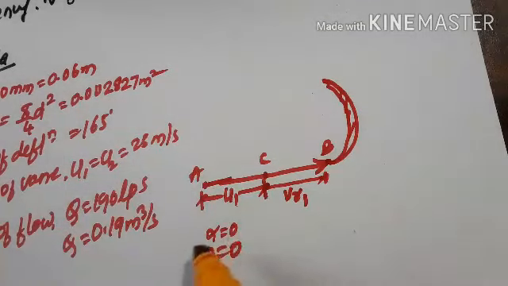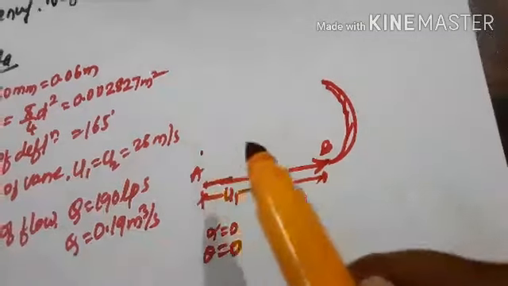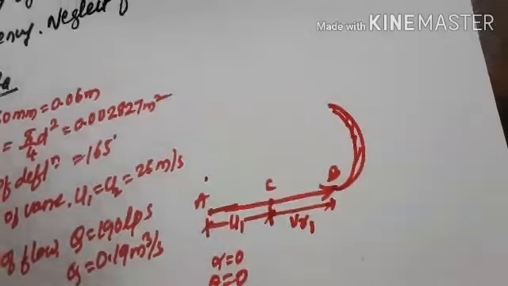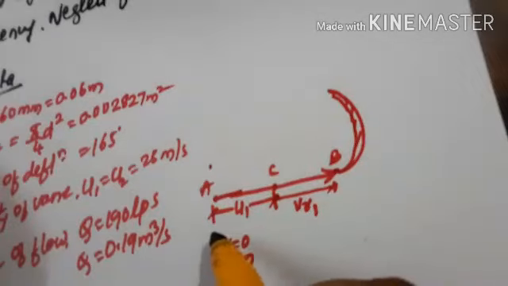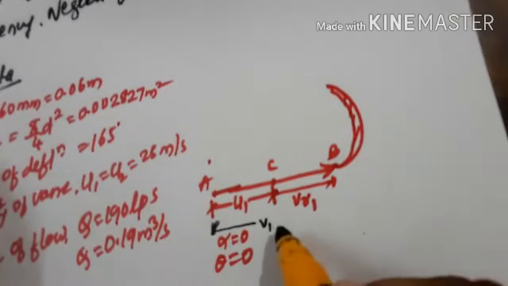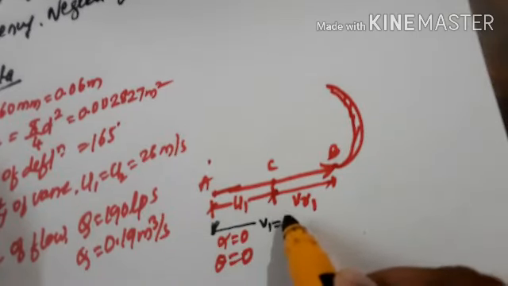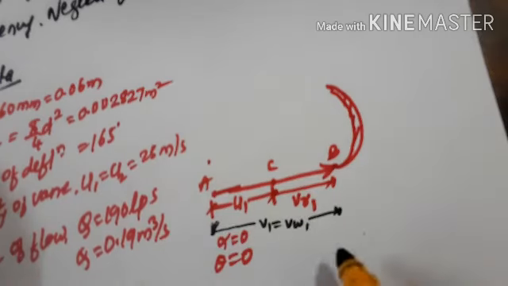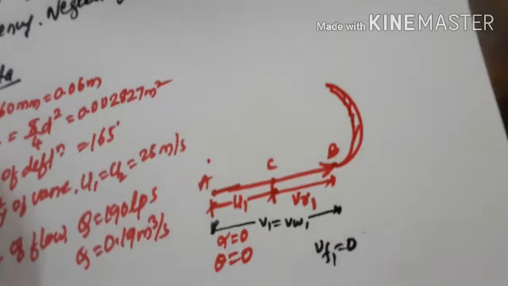Then from here to here will be V1. So in this inlet velocity triangle, V1 will be equal to VW1. And in this problem the velocity of whirl will be 0.